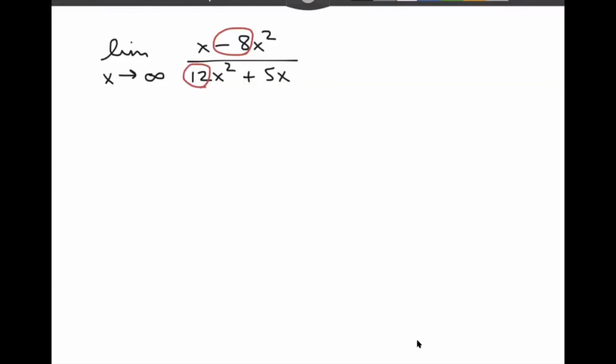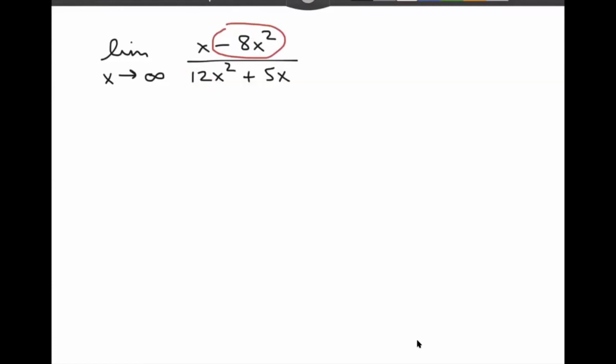Okay, but I do want to show you that L'Hopital's rule also works on this. So if you imagine x getting bigger and bigger and bigger, then what's going to happen is that this term here is going to dominate and is going to make the whole numerator tend towards -infinity.